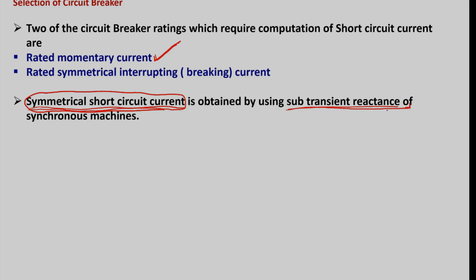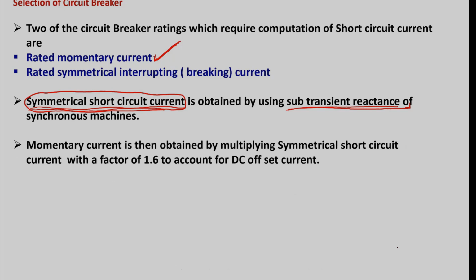Okay. Next, momentary current. Momentary current is the first highest possible current that can flow through the breaker, through the system, immediately after occurrence of the fault. We calculate the symmetrical short circuit current by taking subtransient reactance, and multiply it by 1.6. Why are we multiplying by 60% more? To take care of the DC offset currents.